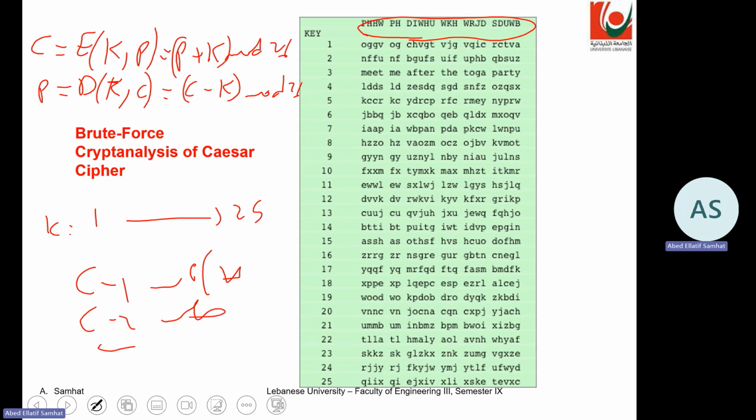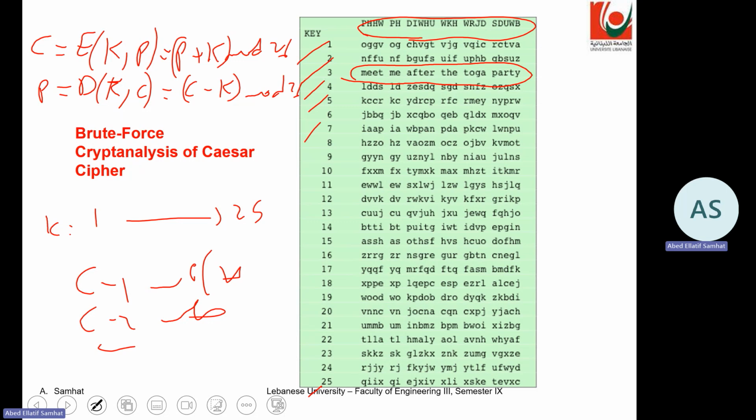Here, we try all the different keys up to 25, and we see which text is a valid one, and we can conclude that this text is valid, and in this case we can carry out the brute force attack.